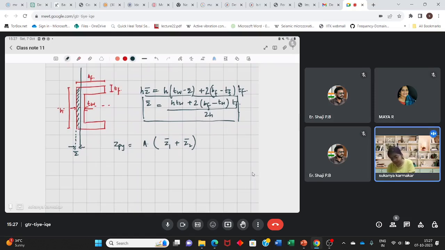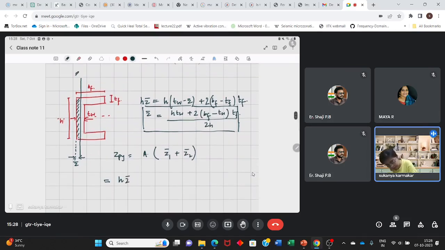Here, for the portion on the left hand side of the equal area axis, you have the area h into z bar. I'm writing it in terms of z bar, and its distance from the equal area axis is z bar by 2. Fine.